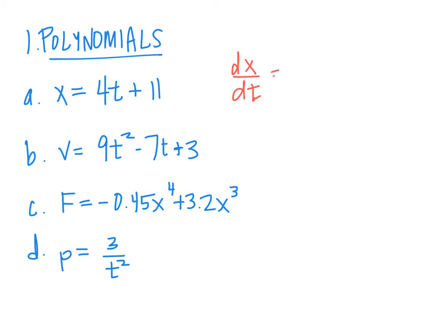And again, the rule is that if there's no exponent in the t term, then we just drop the t entirely, and the derivative is 4. And then we have two things added together, so we would individually think about the derivatives of each part. Since 11 is just a constant, and we're looking at rates of change, there is no value for that, it's just 0. So dx dt would be 4.